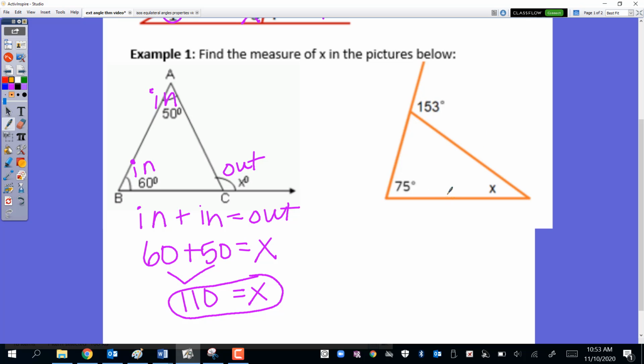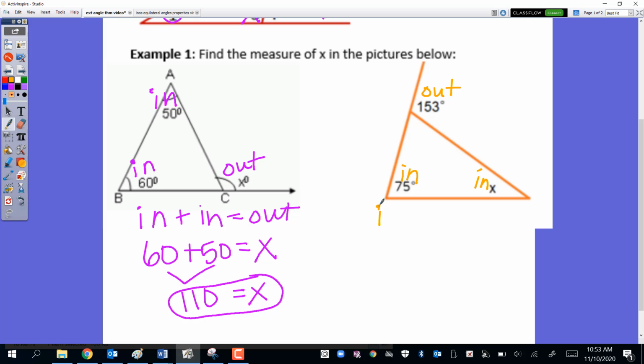On the other one over here, I'm going to do the same thing. Here's my triangle. We're going to label which ones are inside and which ones are outside the triangle. So I got 75 on the inside, x is on the inside, 153, that's the angle on the outside.